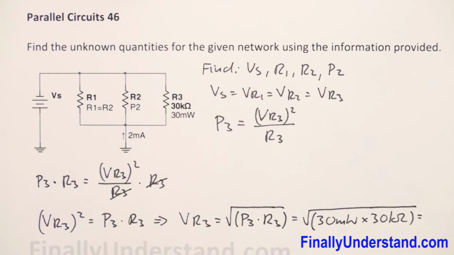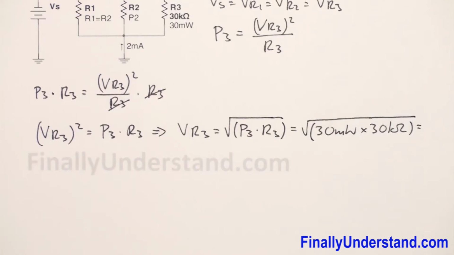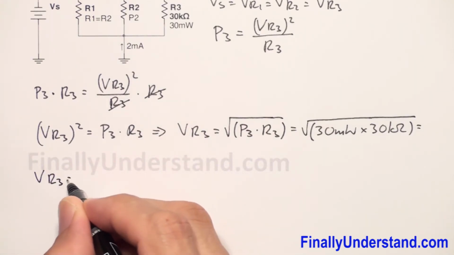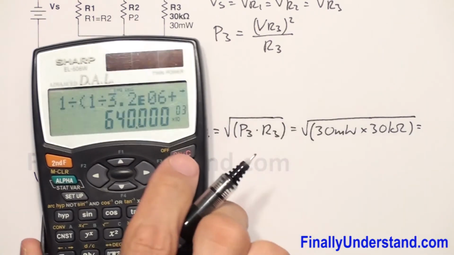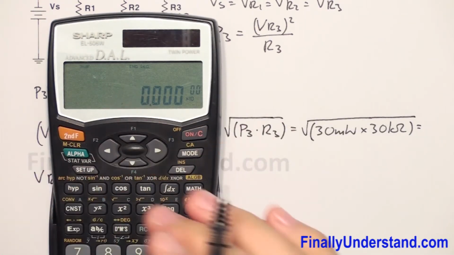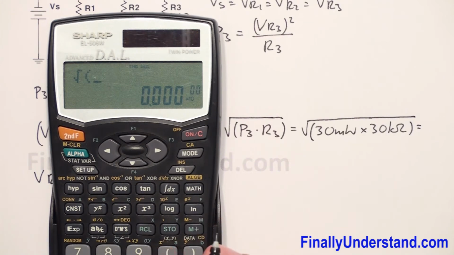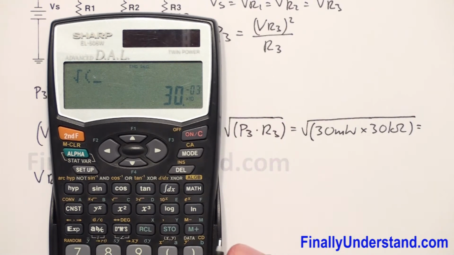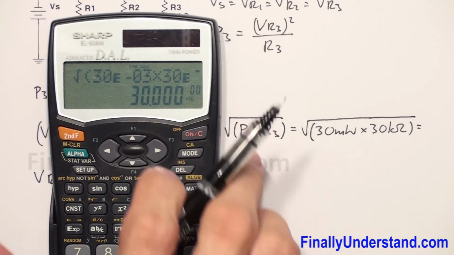I'm going to use the calculator: square root, open parenthesis, 30 exponent -3 times 30 exponent 3, close parenthesis, which is equal to 30 volts.